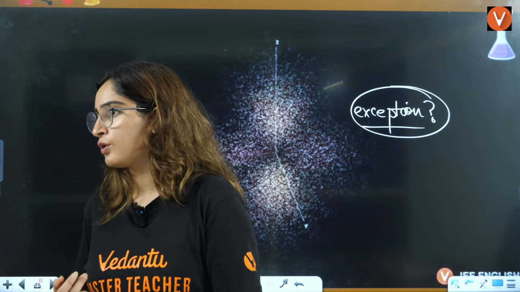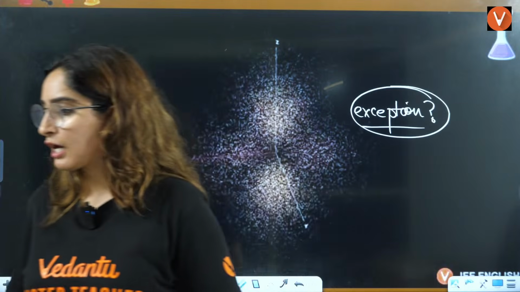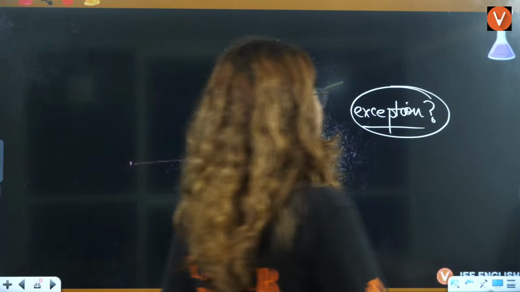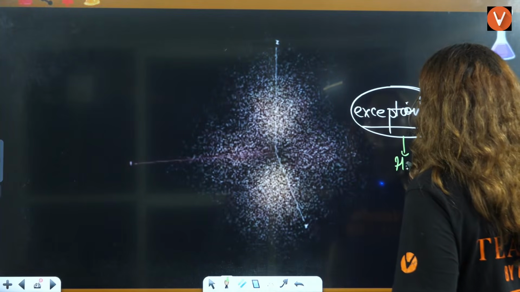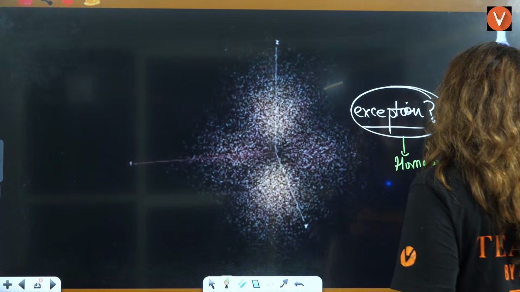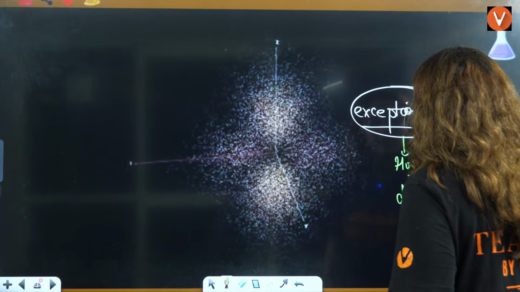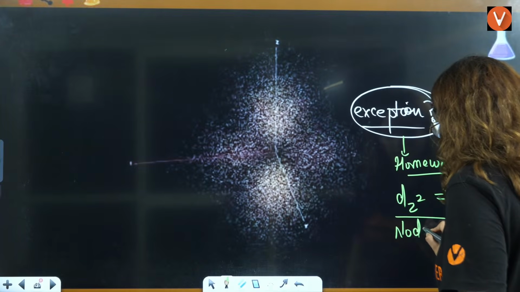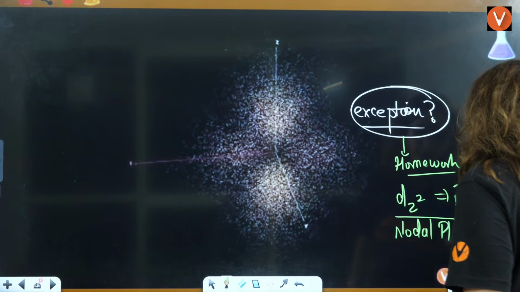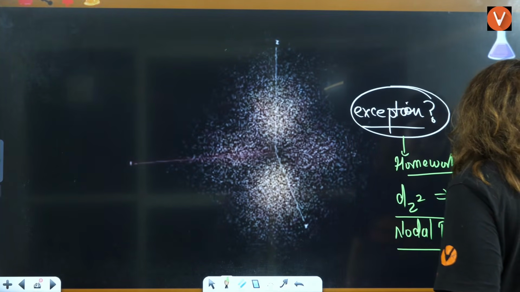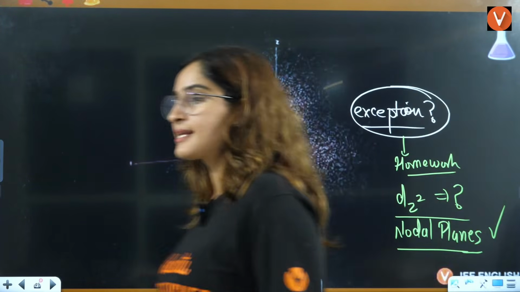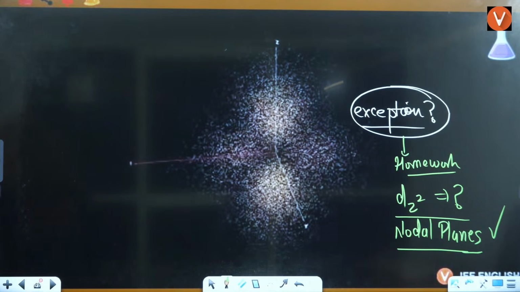Do let me know in the comment section. This is your homework. dz square has how many nodal planes? It's an exception, okay?